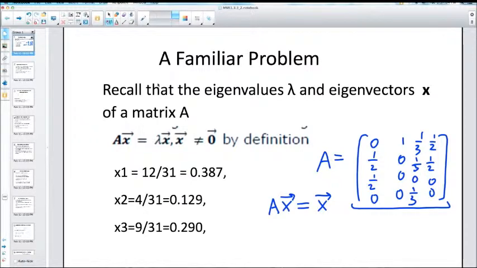When you say, hey, this looks familiar, of course you know it. What's the definition? Somebody already told me, oh, this is an eigenvalue problem. And by definition, what does eigenvalue mean?